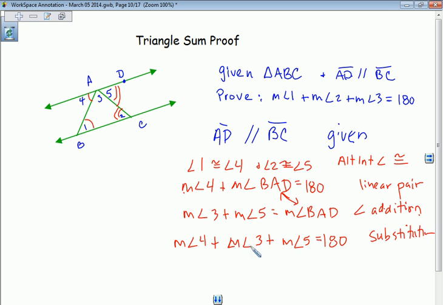Okay. But I know that angle 1 is congruent to angle 4. So the measure of angle 4 would have to be the same as angle 1. And then 5 with 2. And then I already had 3. And I used substitution again, didn't I? Yes.